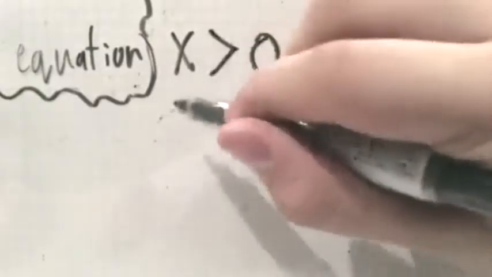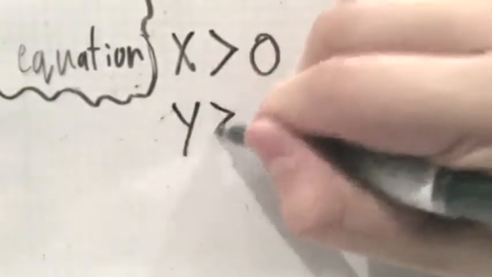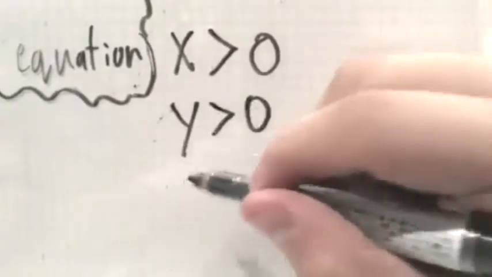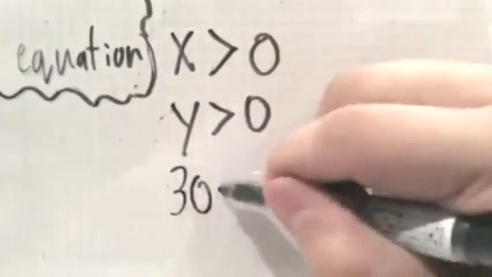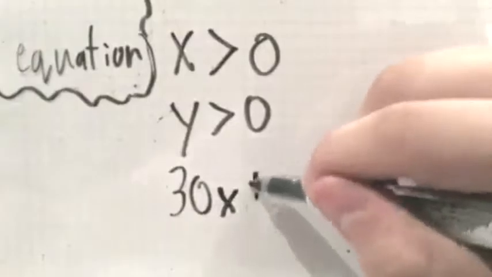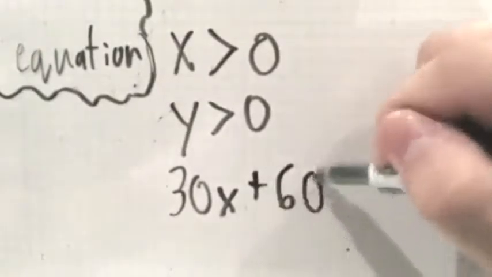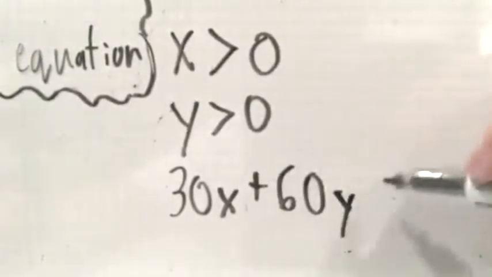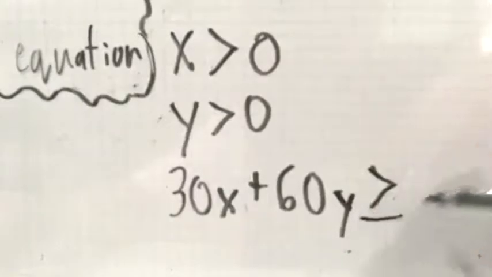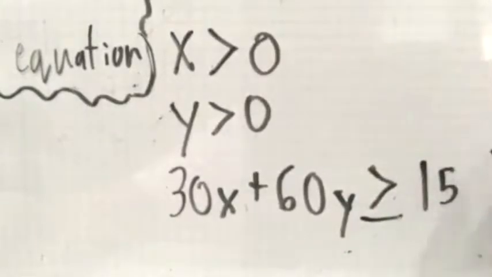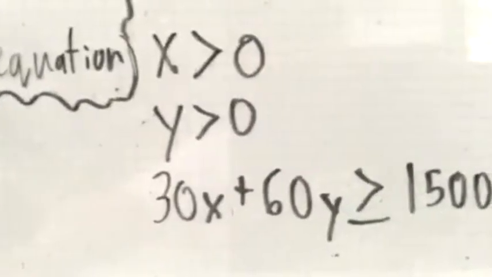First is x is greater than 0 because we cannot have 0 iPhone cases. And then y is greater than 0 since we cannot have 0 iPad cases. And then 30x plus 60y is greater than or equal to 1,500 pesos, which was our previous inequality.